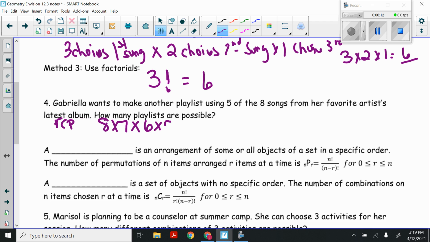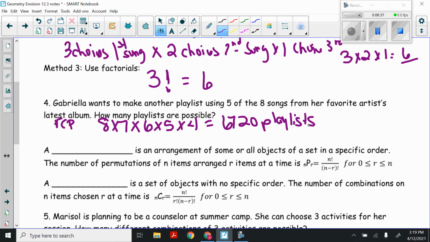The fourth song, she has 5 choices. The fifth song, she has 4 choices. We're only looking at 5 of 8 songs, so we only need 5 spaces there. So if we multiply all of these together, 8 times 7 times 6 times 5 times 4, we would get 6,720 playlists to choose from.